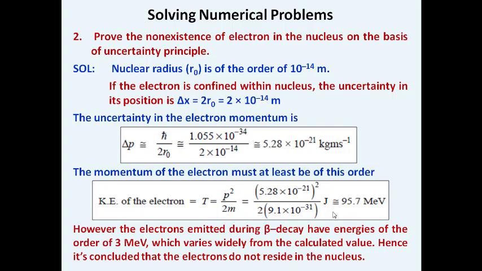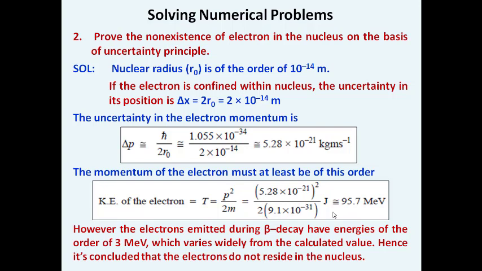But we already know from practical experiments like beta decay that the electrons emitted from the atom are of the order of 3 million electron volt. It is also confirmed with some other mathematical interpretations. From this, it is concluded that there is no chance of electrons being available inside the nucleus.